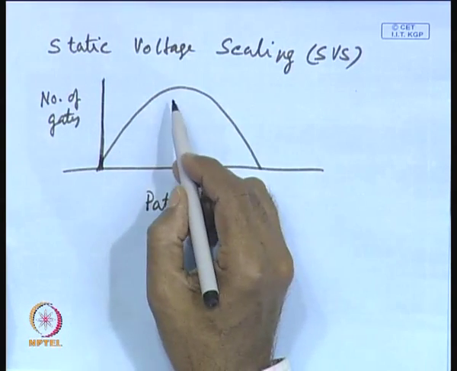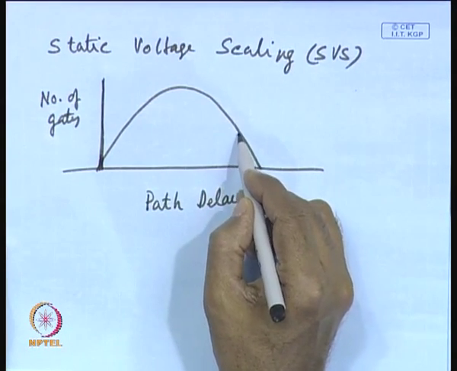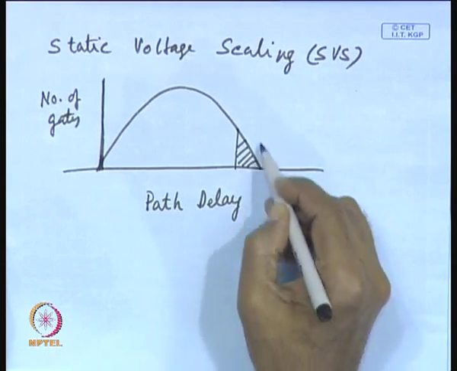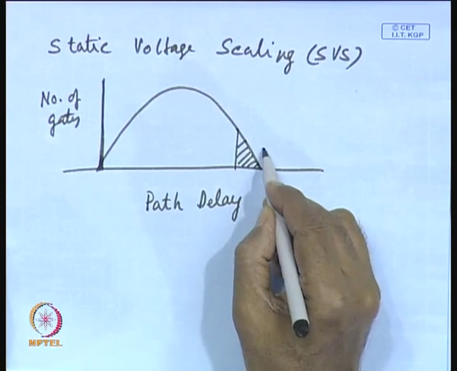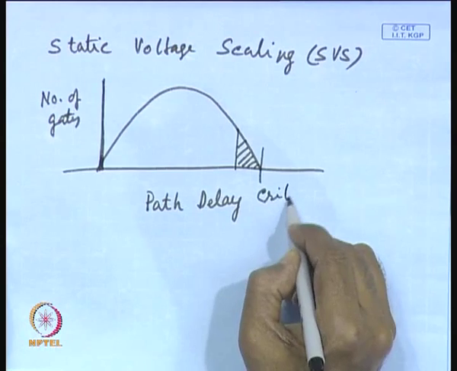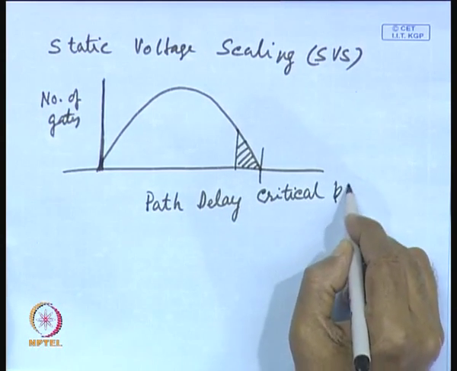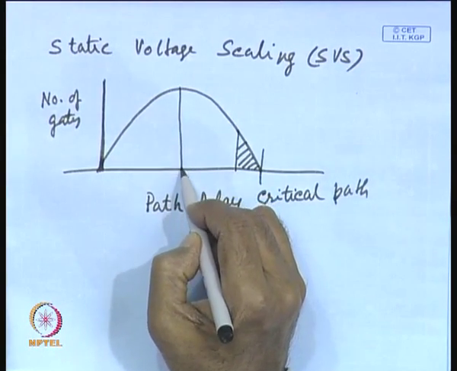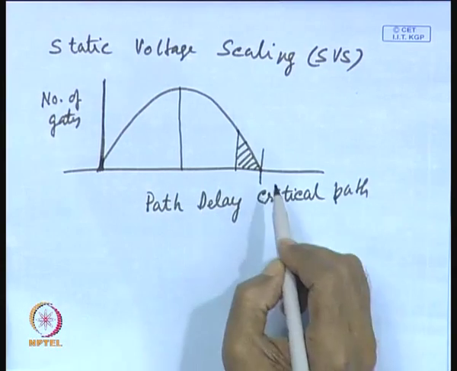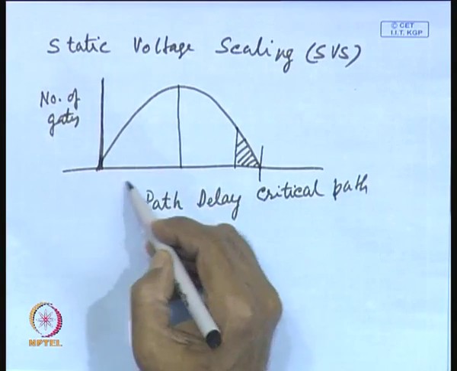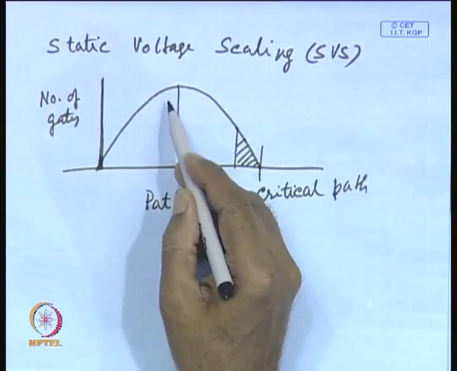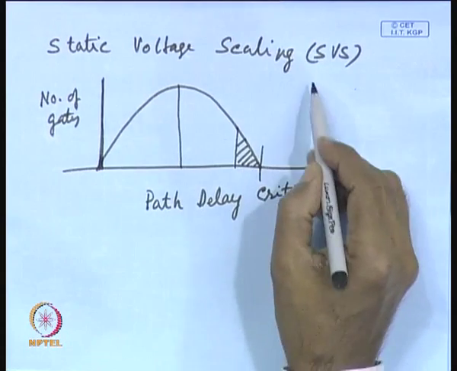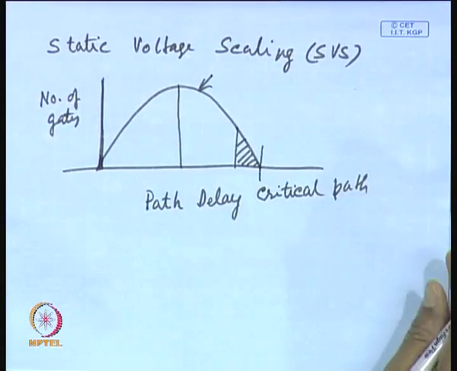You can see in this part you have gates very close to the critical path delay. On the other hand, the majority of the gates are very close to the typical delay of the circuit, and some gates may be on paths of lesser delay. Now, whenever you do static voltage scaling, you get a curve like this.